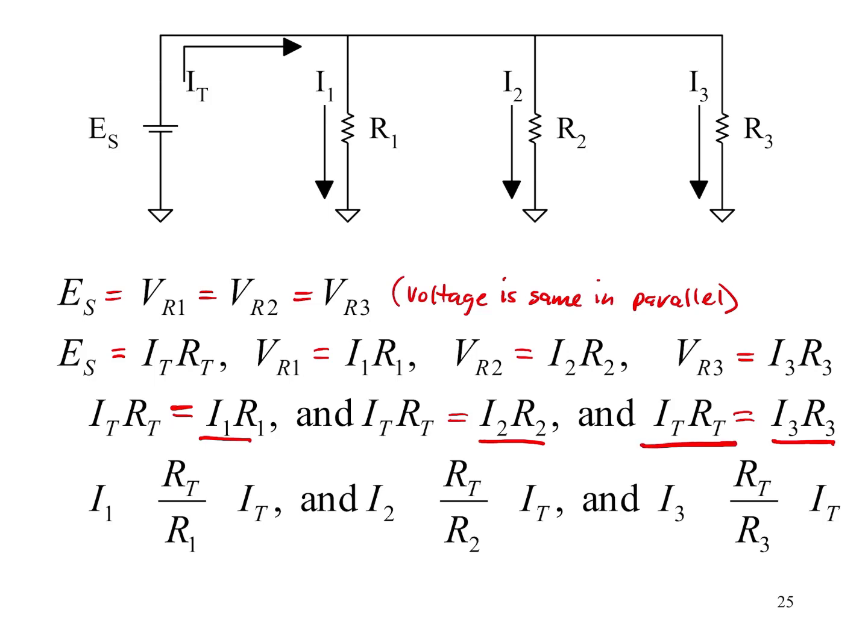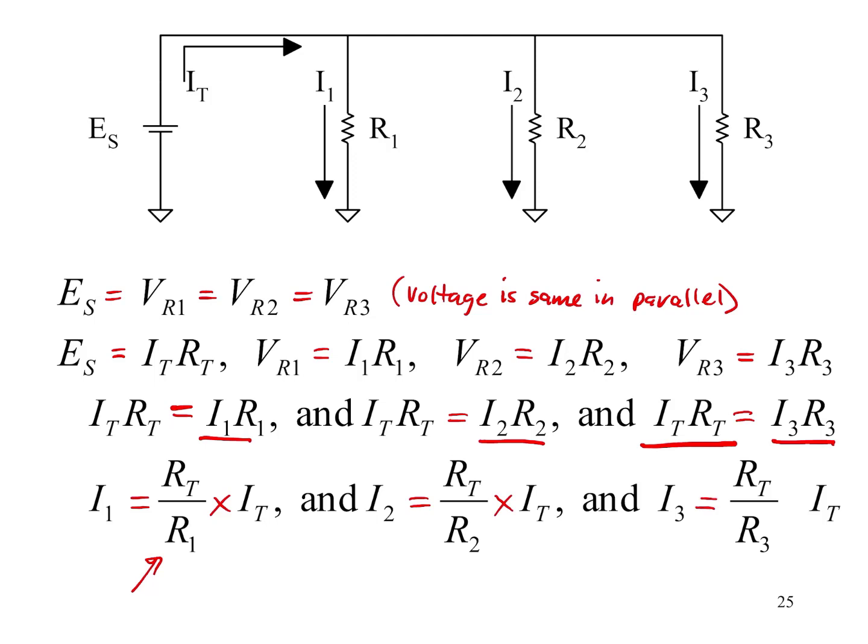So what does that look like when we look at a current divider then? It means that I1 will equal the fraction of R total over R1 multiplied by I total. Notice how this is the fraction inverse to what it was for R1's voltage in a voltage divider. I2 equals R total over R2 times I total.